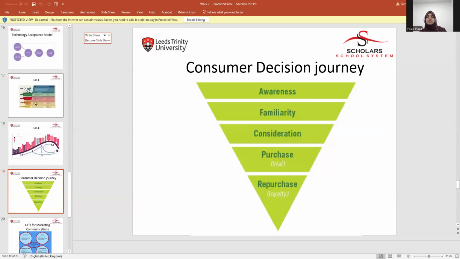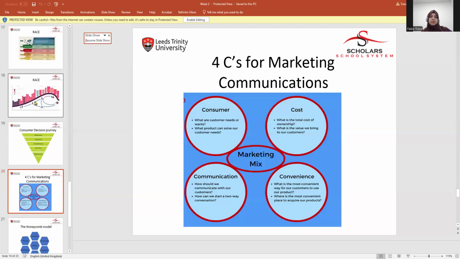Then the customer decision journey starts with awareness of the product, familiarity with the product, and the consideration stage, when the customer is considering that product to purchase instead of other alternatives. Then purchase is the trial stage, and then repurchase, which is loyalty.